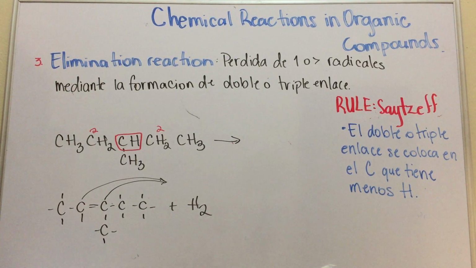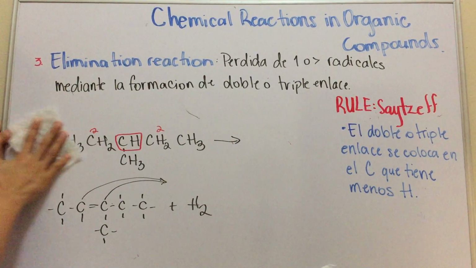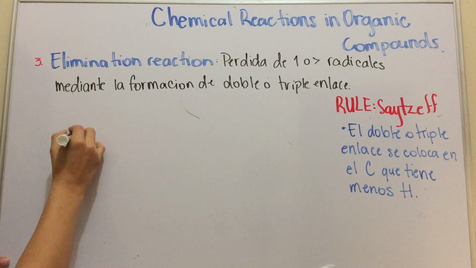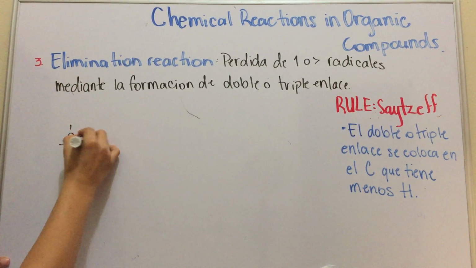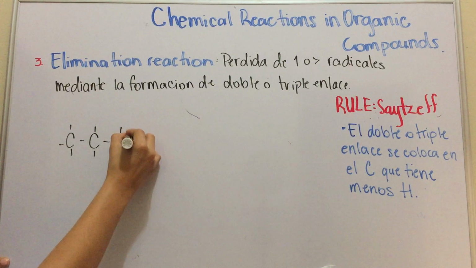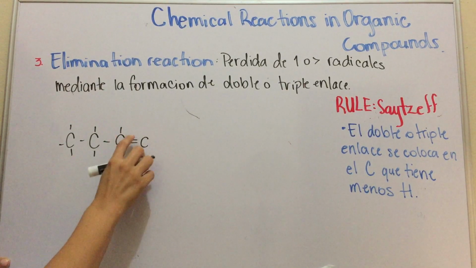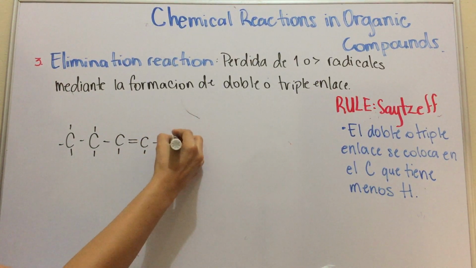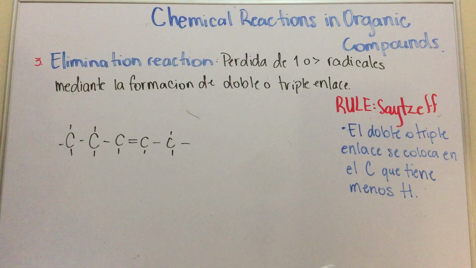Okay? And well, I'm going to make one more example because I was forgetting about going from a double bond to a triple bond, so I'm going to make one more. Let me just come up with it. Alright, when we have a double bond, it's a little bit easier because we already know where we're going to put the triple bond.